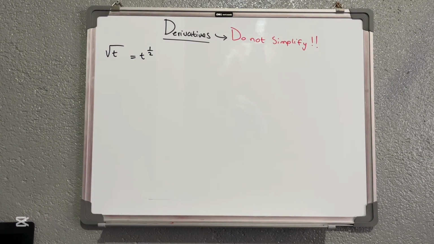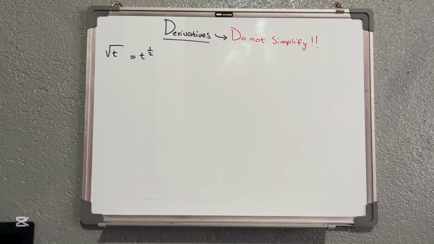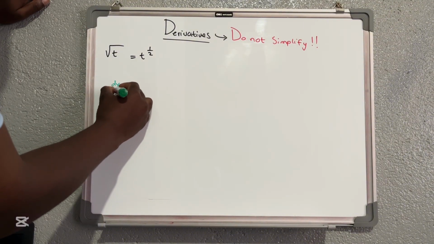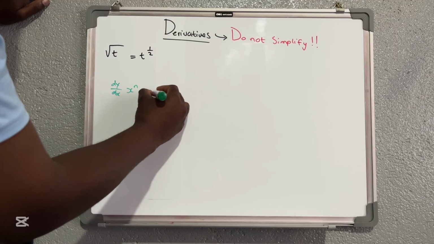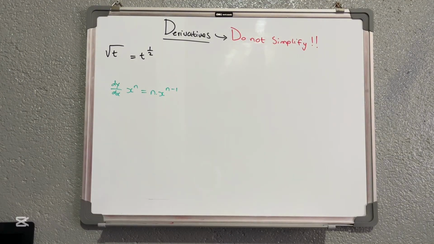Now you ask yourself again, do we have any rule that guides us here? Then we know we have the rule that says when we have the derivative dy over dx of x to the exponent n, we can write this as n multiplied by x to the exponent n minus 1.